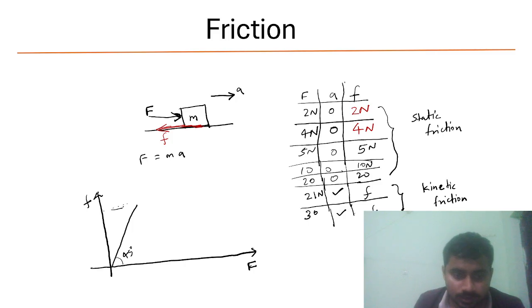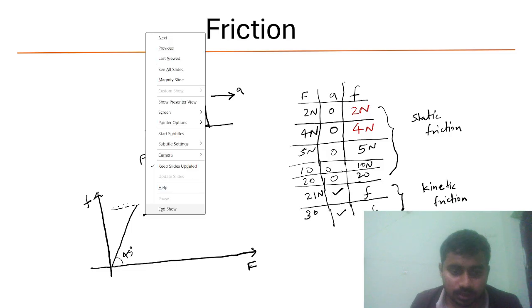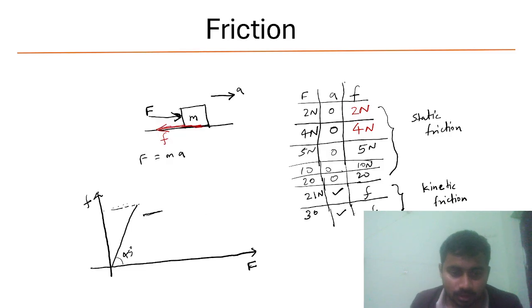Then after that, in the experiment, they found that the friction force which was applying initially was increasing, but once the body started moving, the friction force will be called kinetic friction, and this kinetic friction acting on the body is constant.